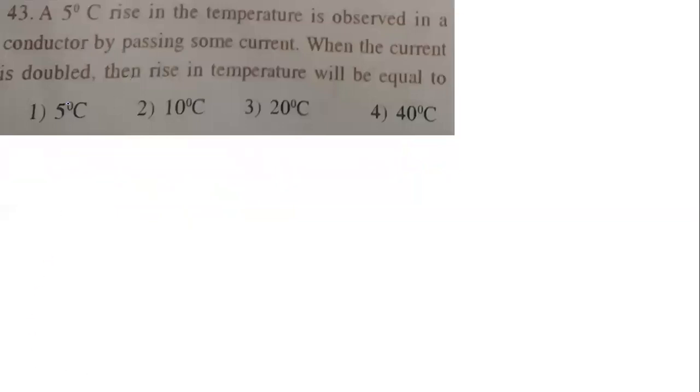Question number 43. A 5-degree rise in temperature is observed in a conductor by passing some current. When the current is doubled, how much is the rise in temperature? Heat generated is always proportional to the square of current, because H is equal to I square times RT. Then Q is equal to specific heat capacity times mass times rise in temperature, so Q is proportional to change in temperature.